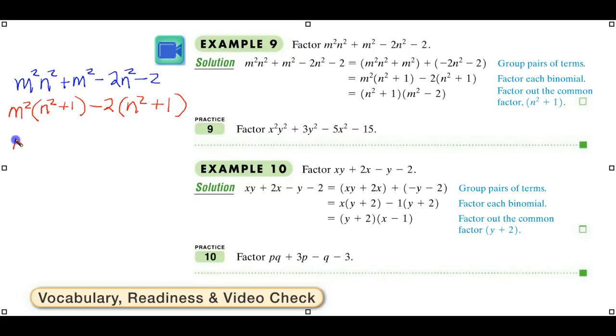So now we're going to get m squared minus 2, which are these. And we're multiplying these by this common factor, n squared plus 1. Now again, they're writing it in a reverse order, but this one's good, this one's good too.